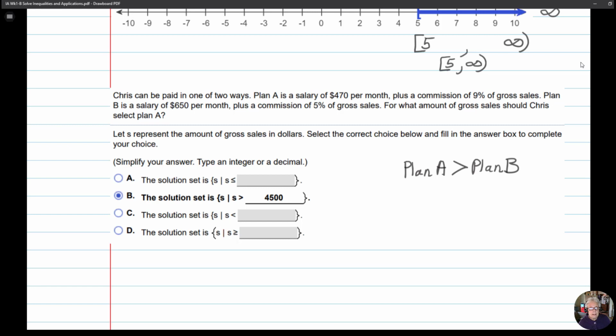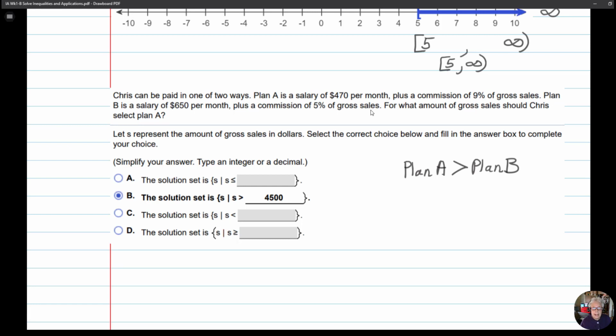I'm going to read it again. Chris can be paid in one of two ways. Plan A is a salary of $470 per month, plus a commission of 9% of the gross sales. Plan B is a salary of $650 per month, plus a commission of 5% of the gross sales. What is the main thing we don't know?